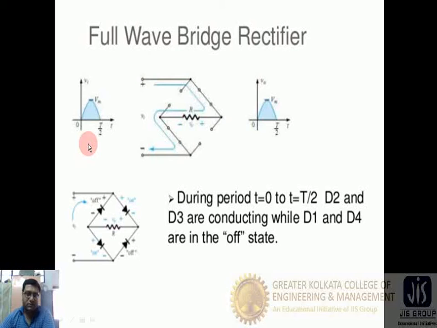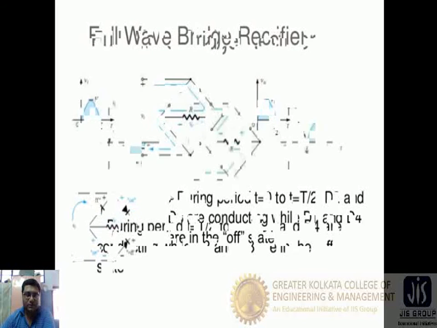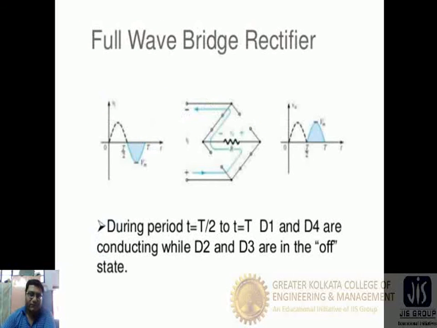So this is for the positive half of the input signal, and when the polarity gets changed in the second half, during the T by 2 to T time period, D1 and D4 are conducting, while D2 and D3 are in off state.